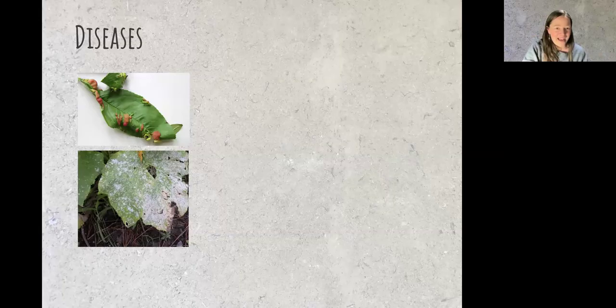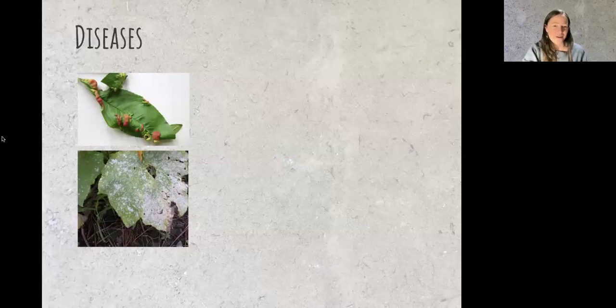Another common one is powdery mildew on zucchini and other vegetables in the cucurbit family. This one is pretty much a standard and it will show up every single year. It's just a question of whether it comes too early in the season or later once you've already had your crop. So this is one, again, if you've chosen a good site for your plants, if you've made sure they've got good sunshine and airflow, and you've tried to avoid wetting the leaves when you're watering, which can really exacerbate it, and if you've made sure the soil is quite healthy, typically I don't worry too much about this one.